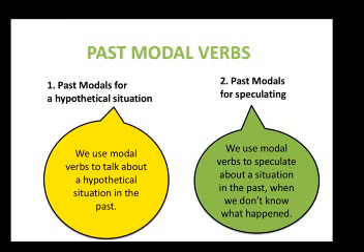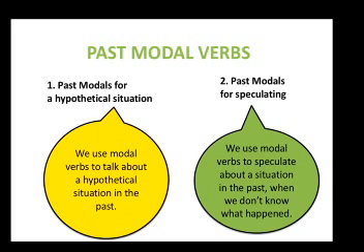Remember, what is the difference? This is also a reminder. What is the difference between past modals for hypothetical situations and past modals for speculating? Well, we use modal verbs to talk about a hypothetical situation in the past to offer an alternative. And with past modals for speculating, we use modal verbs to speculate or to guess about a situation in the past when we don't know what happened.